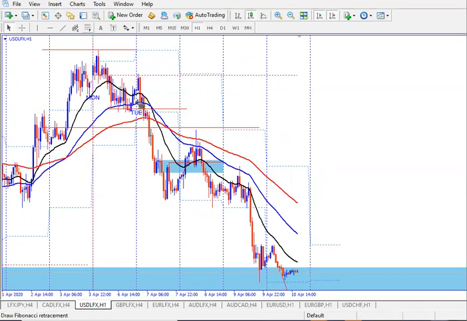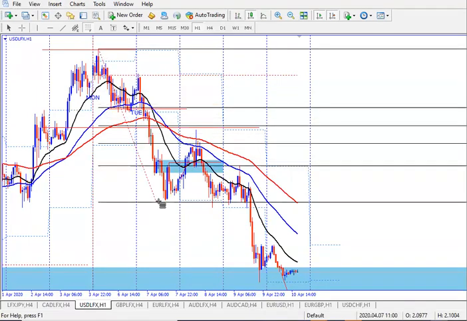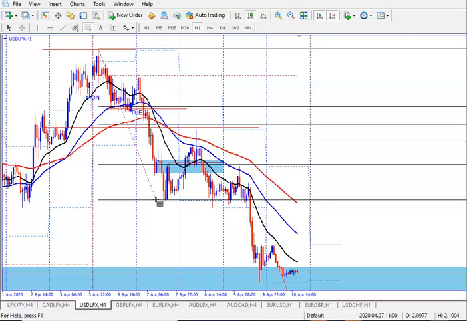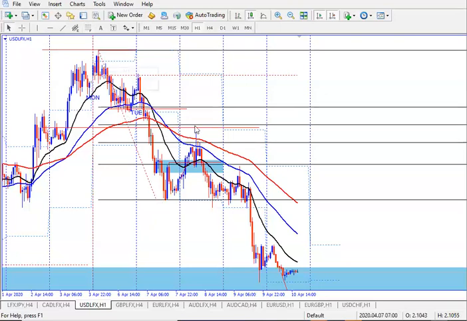So I'll just quickly do the range. So you've got Monday and Tuesday's range. It's come up to nearly touch the 50% level, but come up to touch this mitigation area here, which is the origin of the move up in the first place.